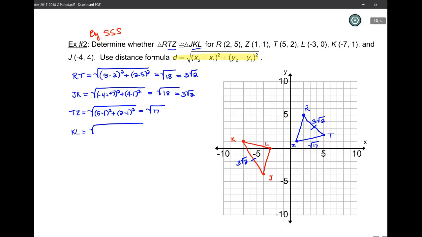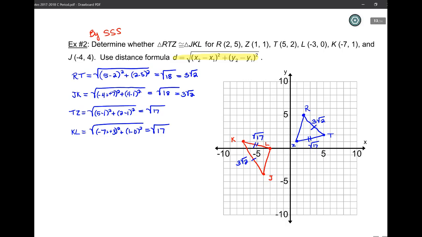So KL is going to be -7 minus -3 squared plus 1 minus 0 squared. Here, these are going to end up being added together. So we get -4 squared is 16 plus 1, so we have square root of 17. So KL is the square root of 17. So these 2 segments are congruent.